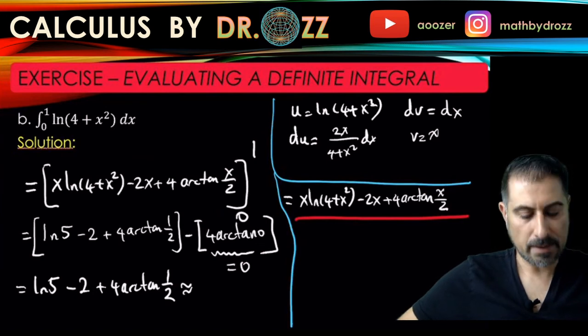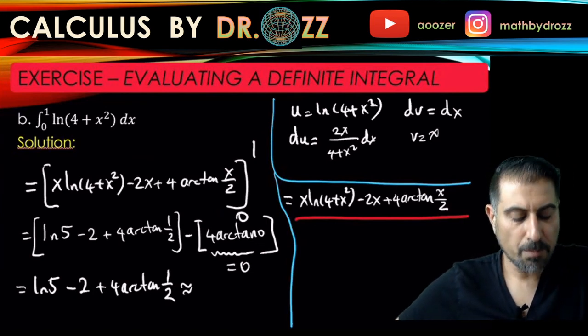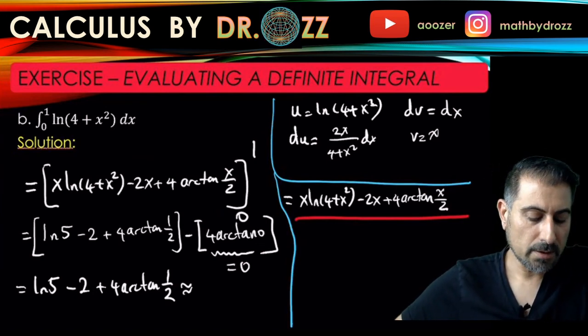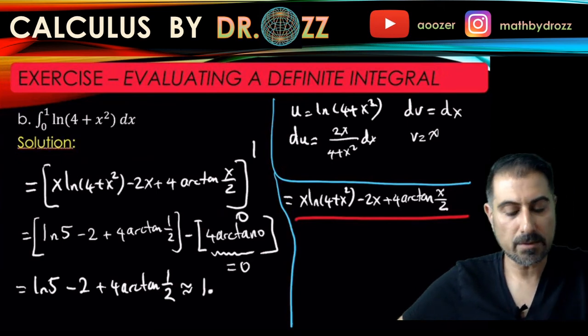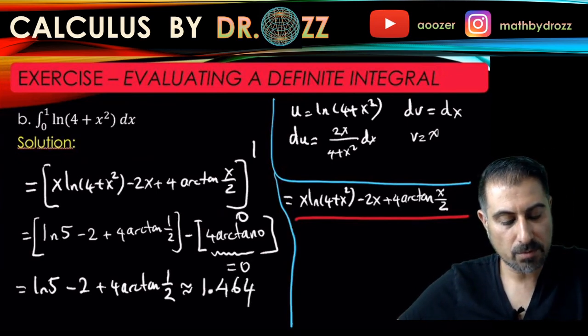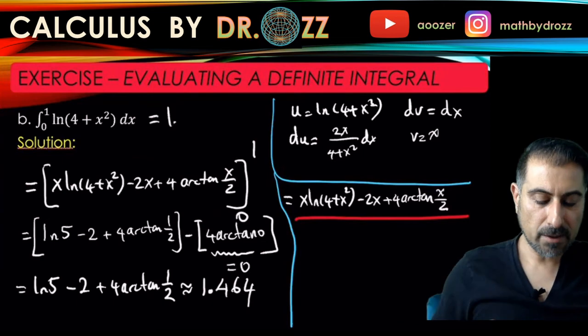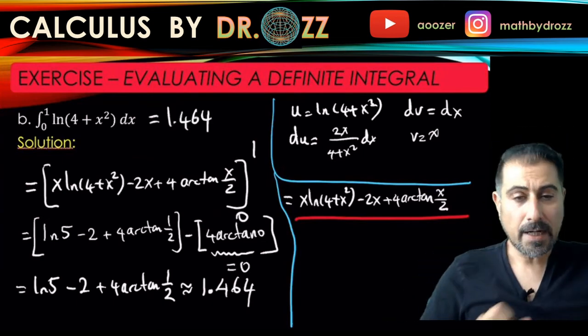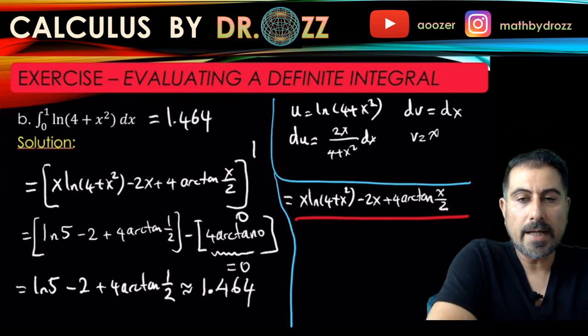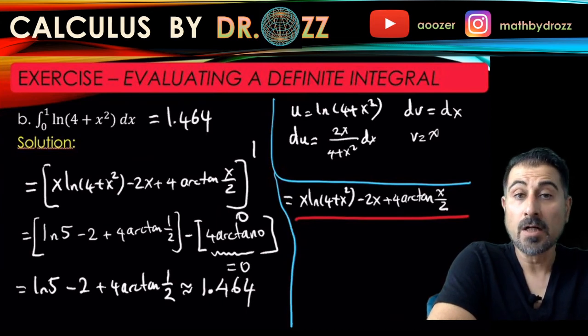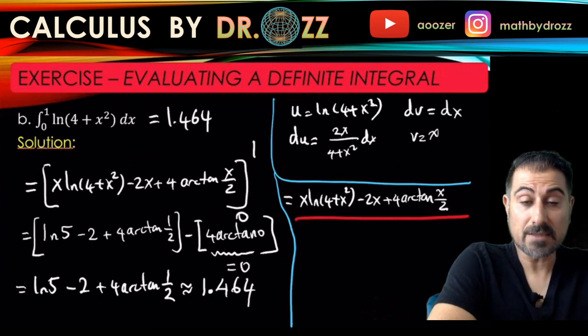If you want an approximate value, this is equal to 1.464, the value of the integral obtained by applying the integration by parts formula and also using some algebra.